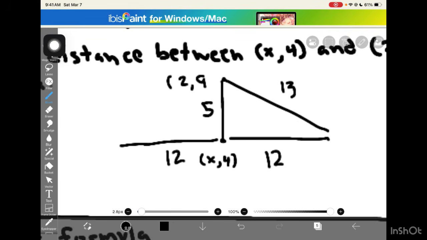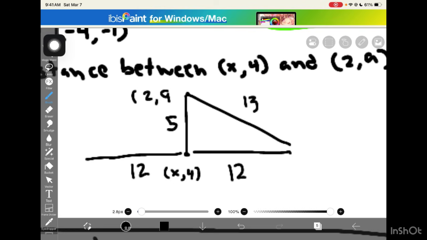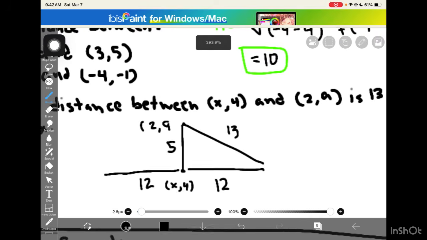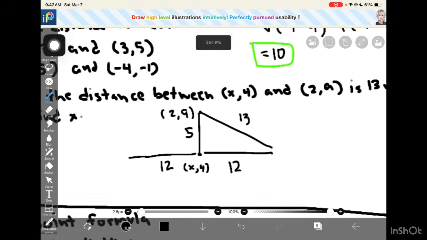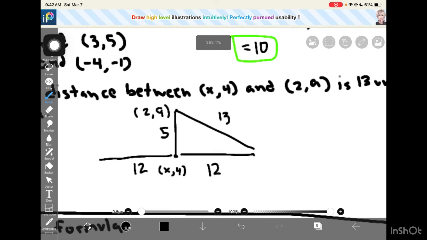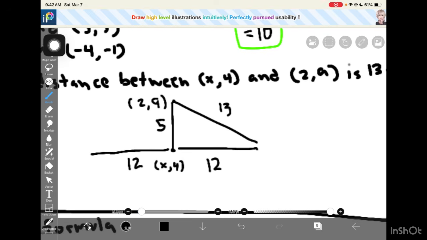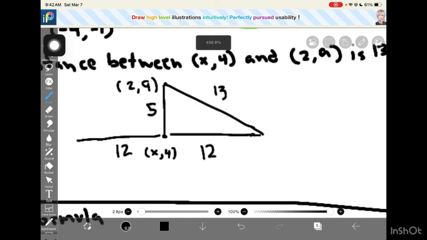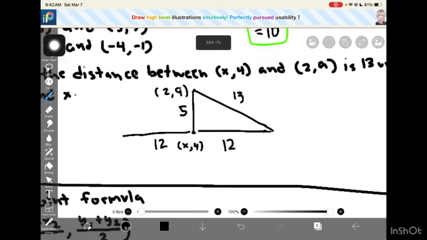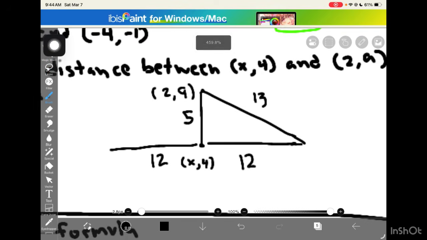Sorry, wait, how do I draw this? Let me adjust it real quick. Okay, I know now what went wrong.